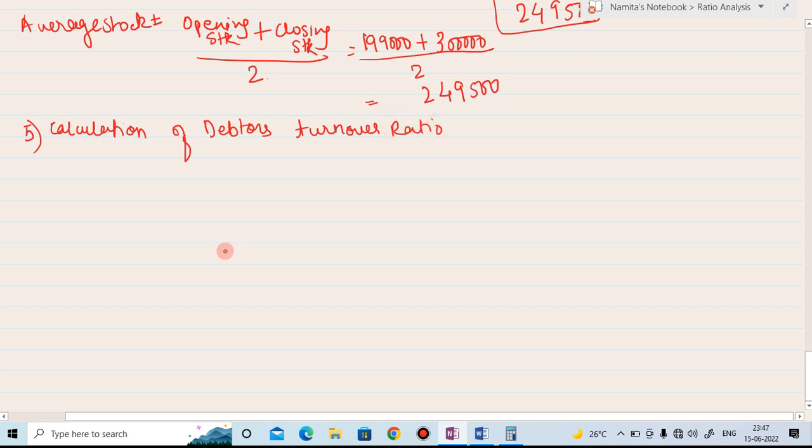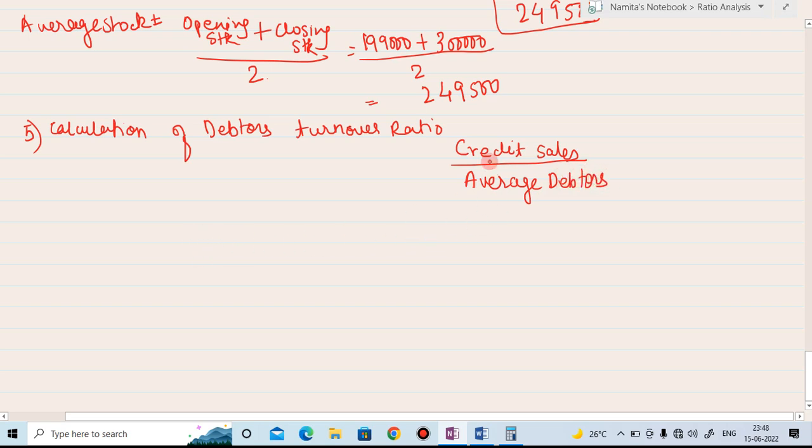Now debtors are related to credit, meaning debtors are related to credit sales. So debtors turnover ratio is credit sale upon average debtors.